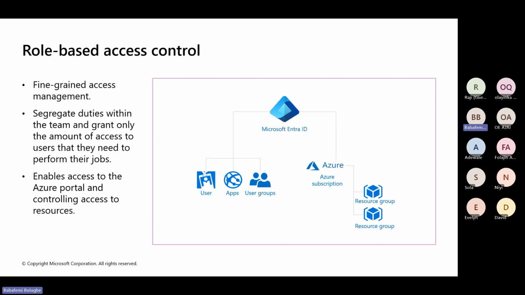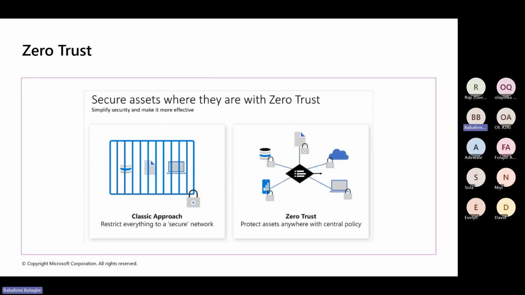Then we talked about RBAC, which is role-based access control, which gives you permissions to access a particular resource based on the roles or the scope that has been assigned to you. Then zero trust, I talked about zero trust, where we want everyone to fully authenticate and verify themselves, regardless of who you are, regardless of what level you are.